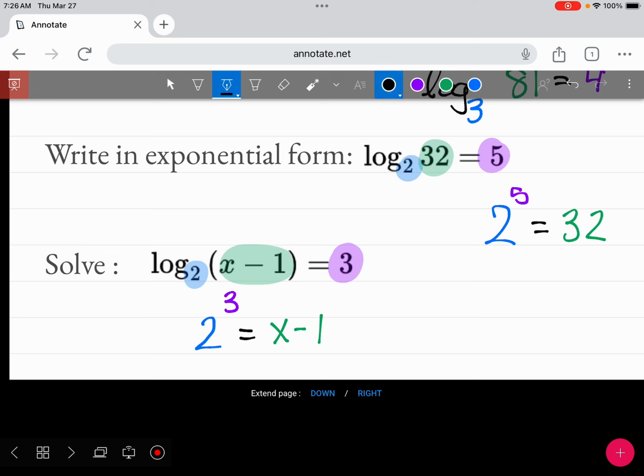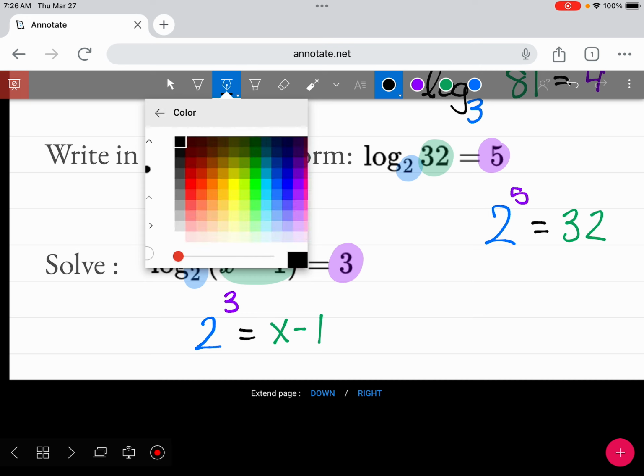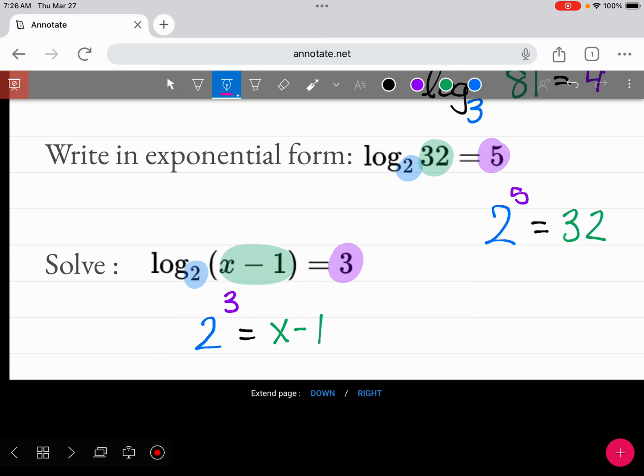We can simplify this to solve it in a way that makes sense. What is 2 to the 3rd? 2 times 2 times 2, 8, equals x minus 1. So what does x equal?